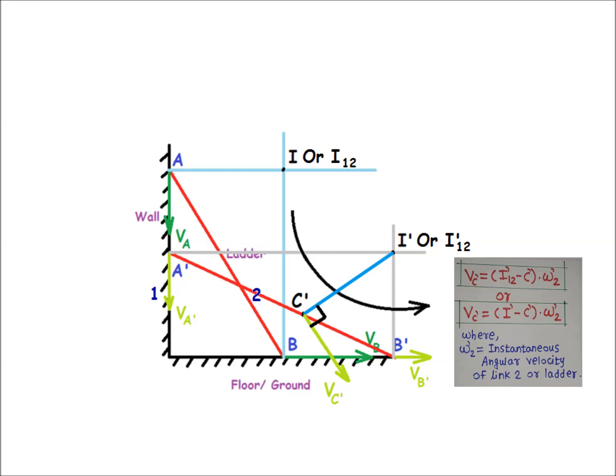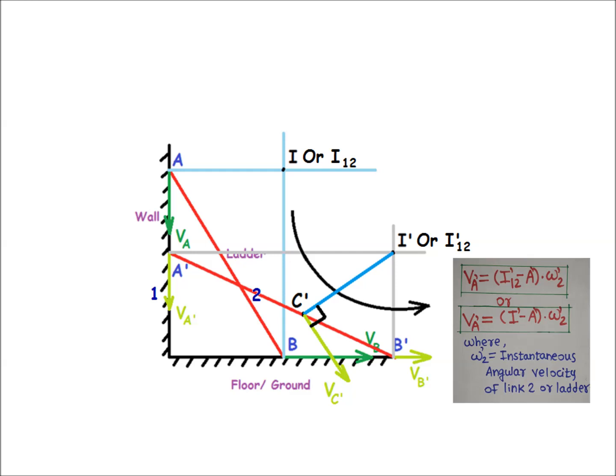Similarly, we can write relation for velocity at point A dash. That is, VA dash will be equal to I dash 1 to A dash multiplied by omega 2 dash, or VA dash will be equal to I dash A dash multiplied by omega 2 dash, and it will be perpendicular to I dash 1 to A dash or I dash A dash.